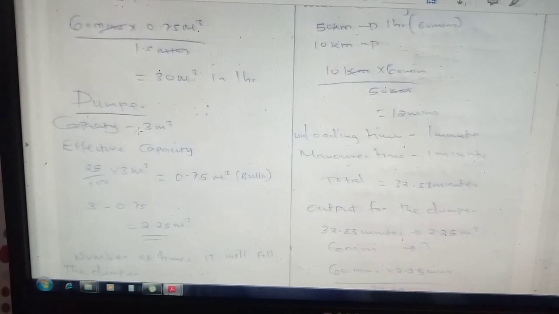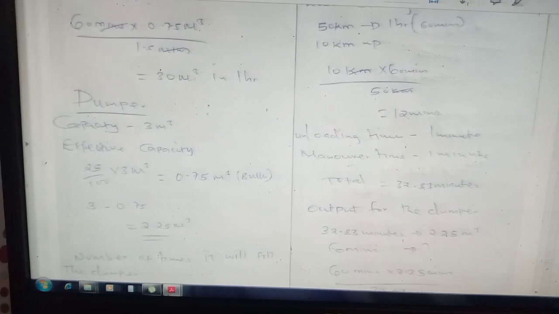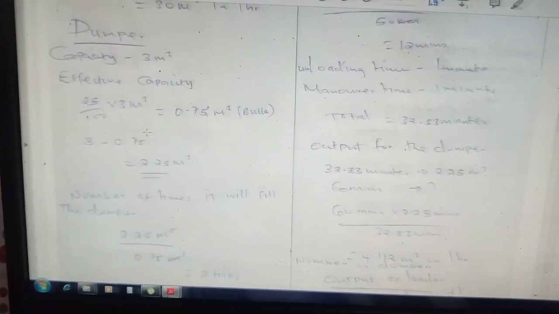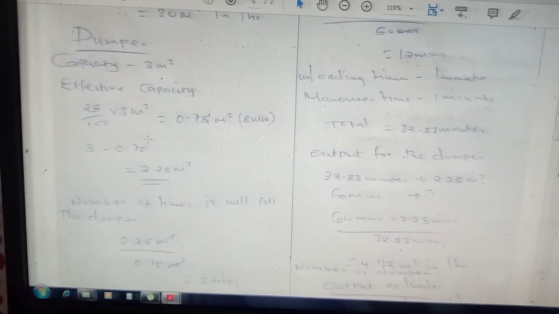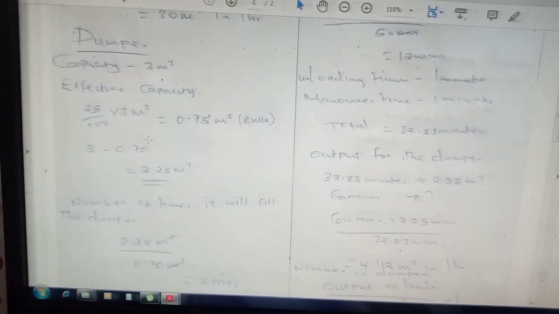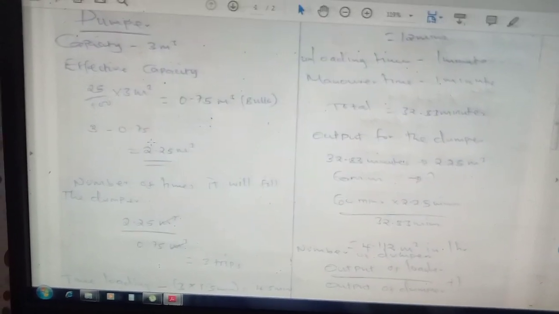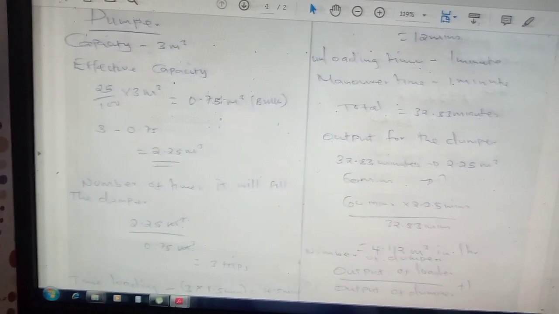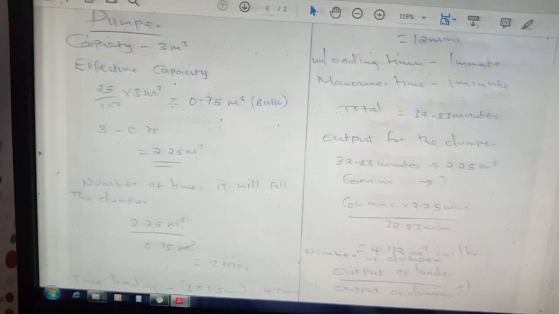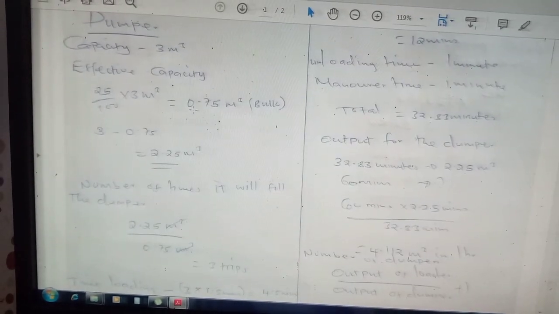Then you go to the damper. The capacity of the damper that we've been given is 3 cubic meters, but you want to get the effective capacity. Remember, when you are loading excavated materials, there are bulk allowances that you should allow. So you give 25% bulk allowance for that material. A material like soil may have some water content and moisture inside it.